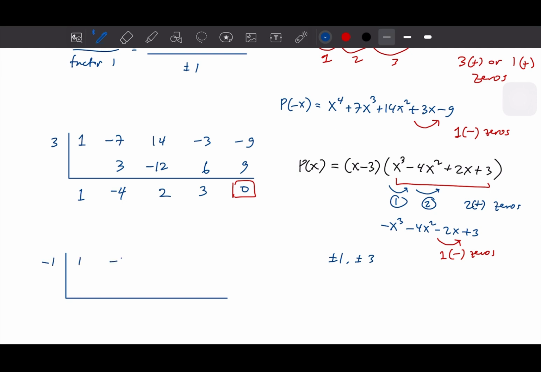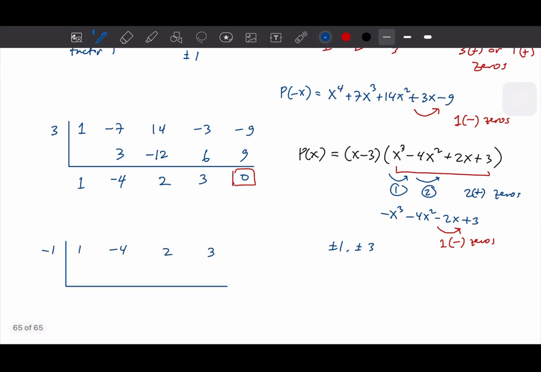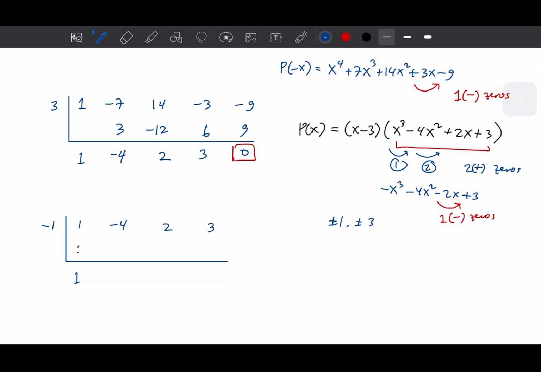So 1, negative 4, 2, and 3. This is negative 5, 5, right? So 7, negative 7. I think it's not there yet. So I think we could check the negative 3.